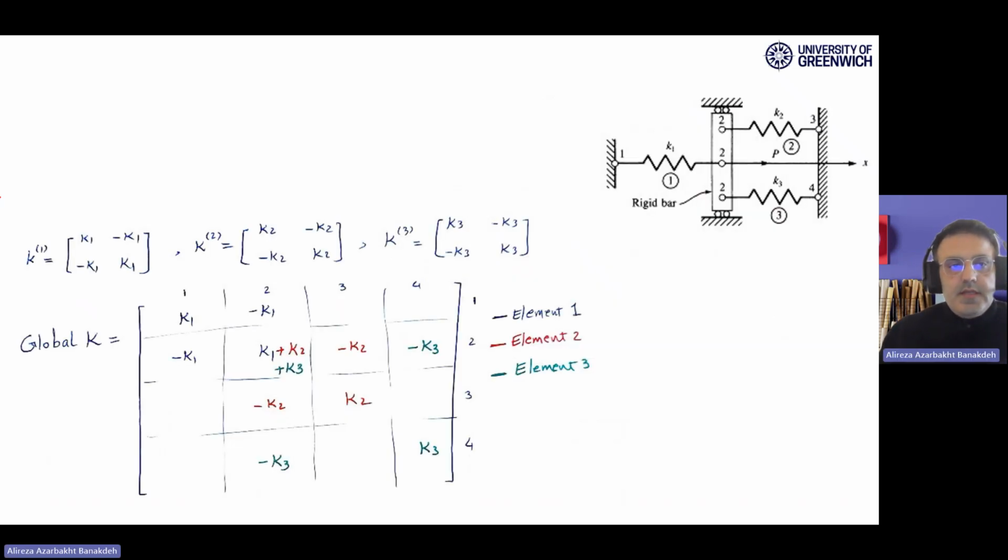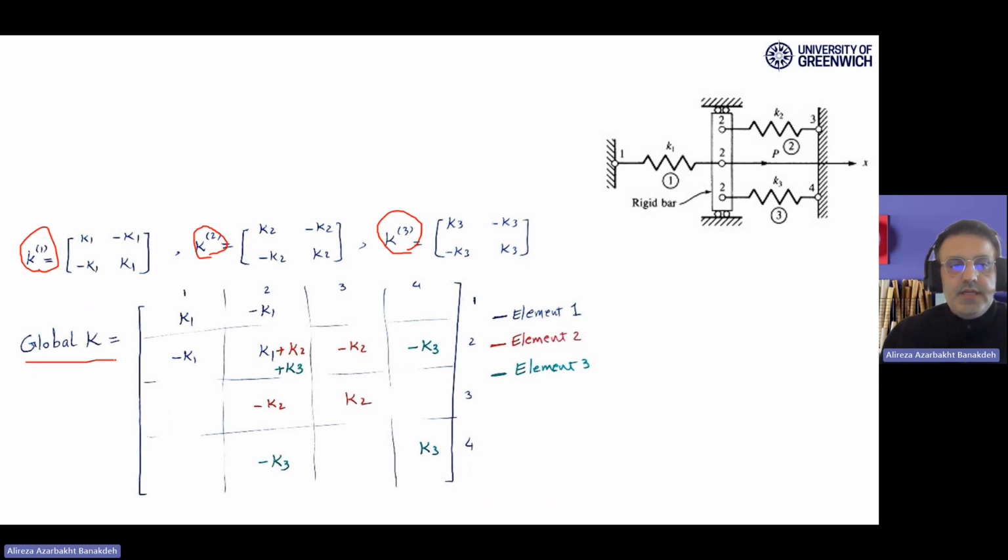Here we are with the stiffness matrix for element number one, which is K1 minus K1 minus K1 K1. As you know, for element number two and for element number three. So we have three elements and three small stiffness matrices, each for one element.